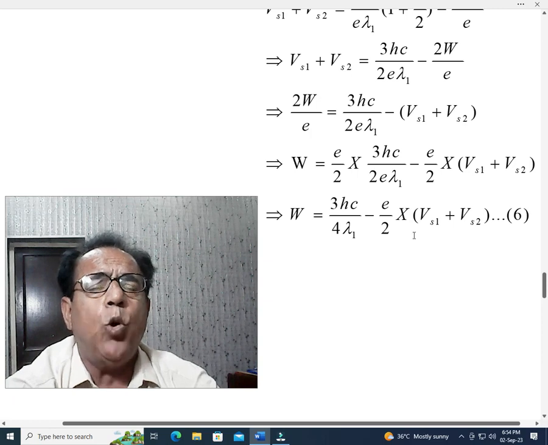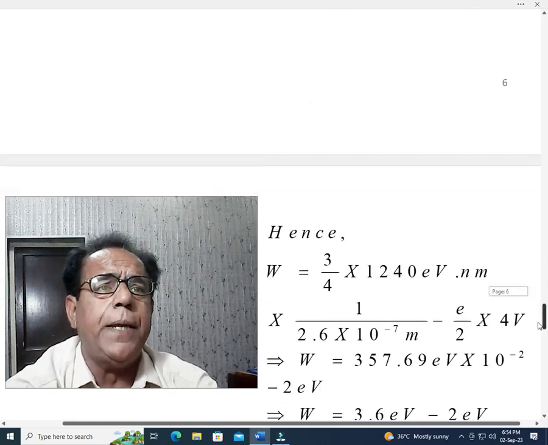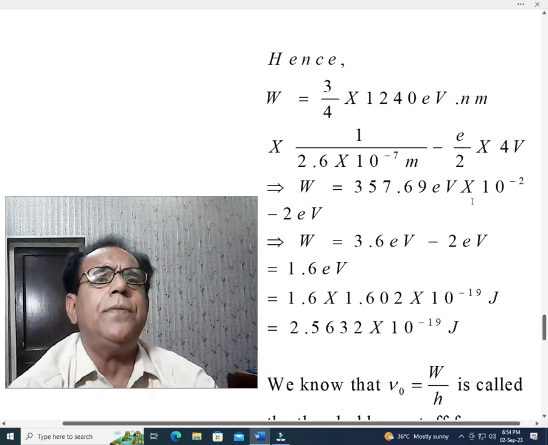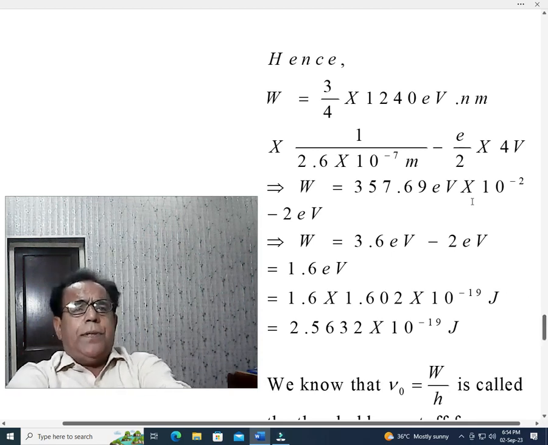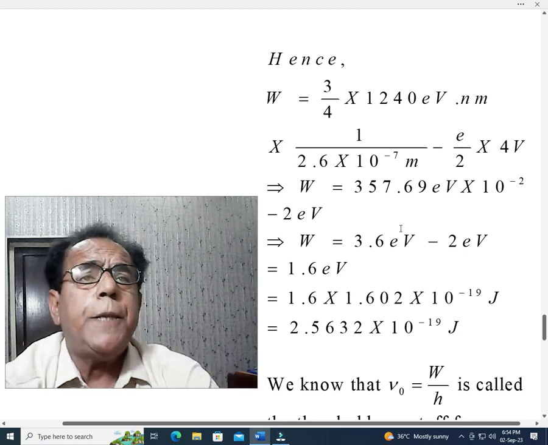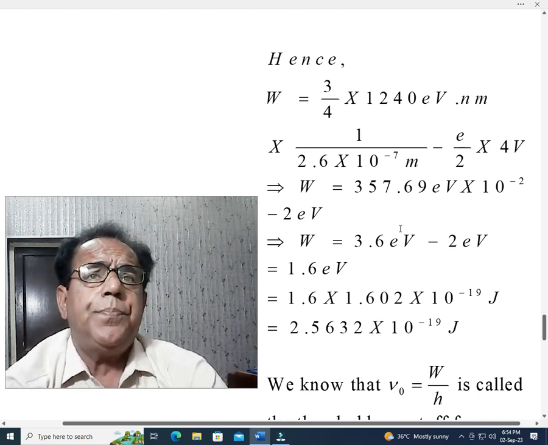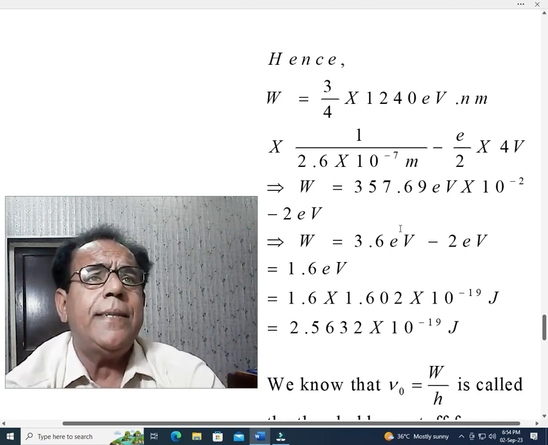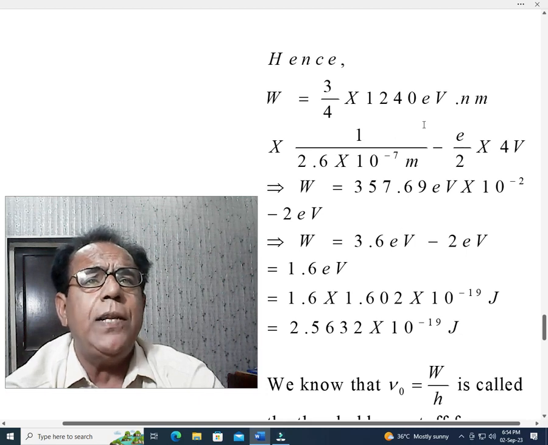Moreover, the stopping potential of the first is also given and the second is also given. The value of e is also given in the table. Once again, dear students, we have not used the value of e because e will be cancelled out.